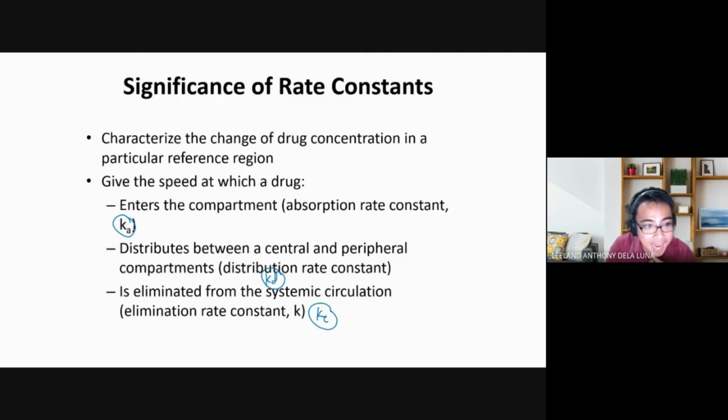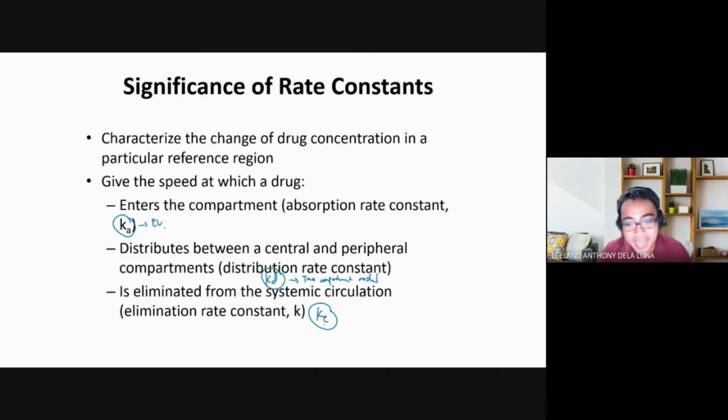Applicable lang, class, ang Ka for drugs given extravascularly. Kd, on the other hand, ang topic natin dito is next meeting pa. Pero class, we use Kd for drugs that follow two-compartment model. Next natin pag-usapan yan.